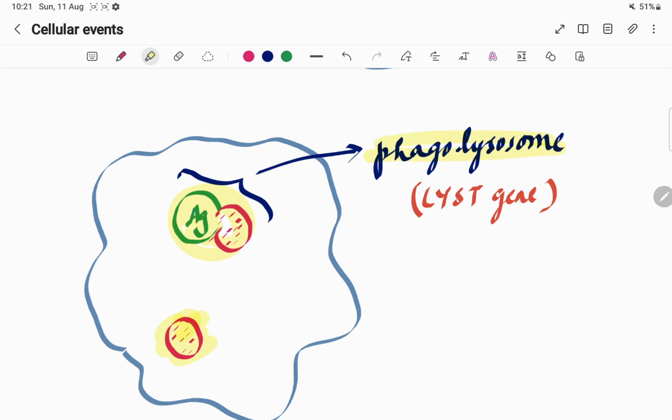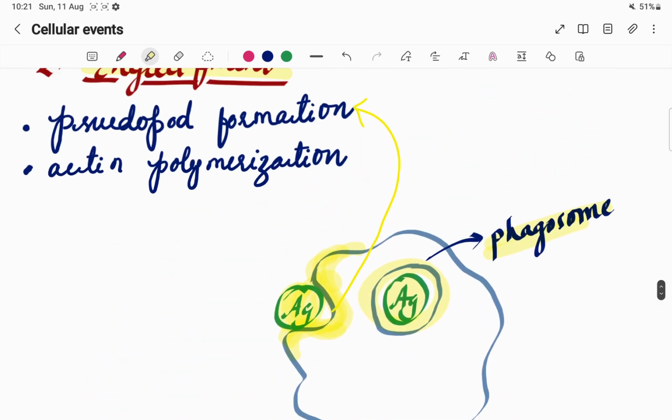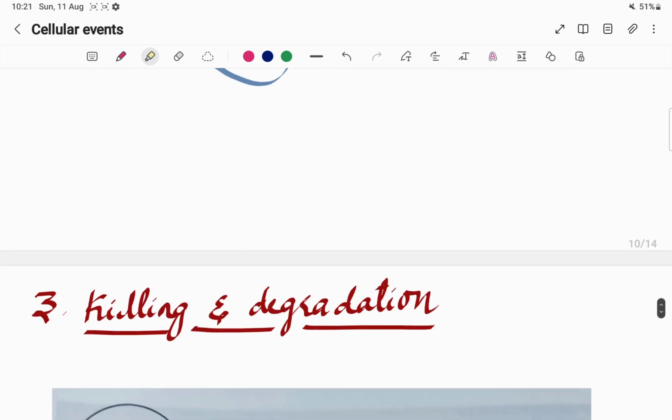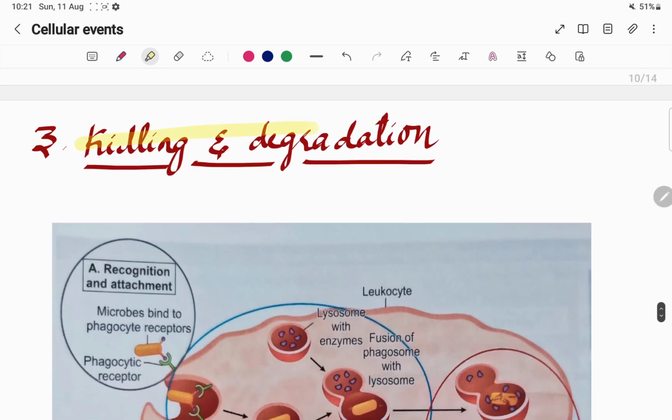And the gene associated with it is the LYST gene, that is lysosomal trafficking regulator, that regulates the lysosomal trafficking. So phagosome created ആയി, phagolysosome created ആയി. These are the main steps in the engulfment. Now we are moving on to the killing and degradation.